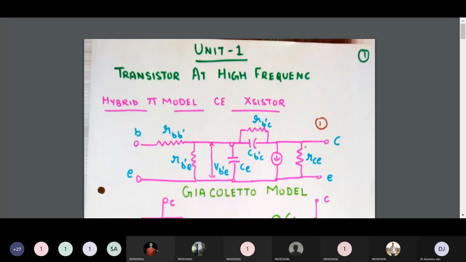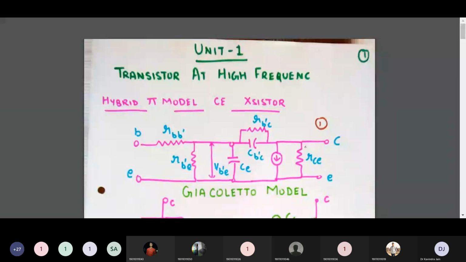Next point. H parameters remain constant at lower frequency, but at higher frequencies, these parameters vary a lot.